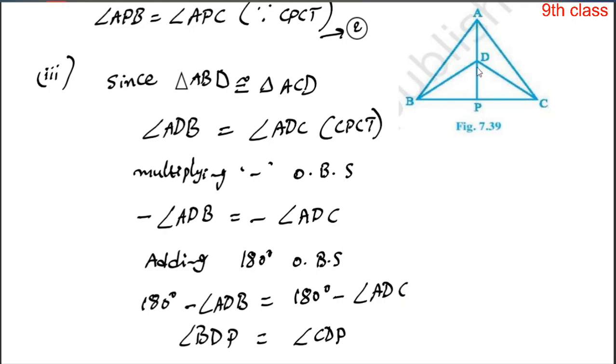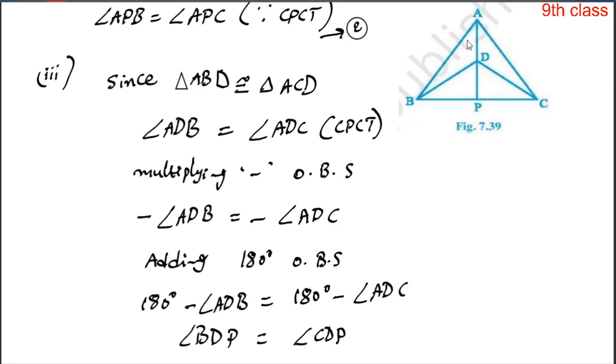Angle ADB and angle BDP are a linear pair of angles, whose sum is 180 degrees. So 180 degrees minus angle ADB is equal to angle BDP.